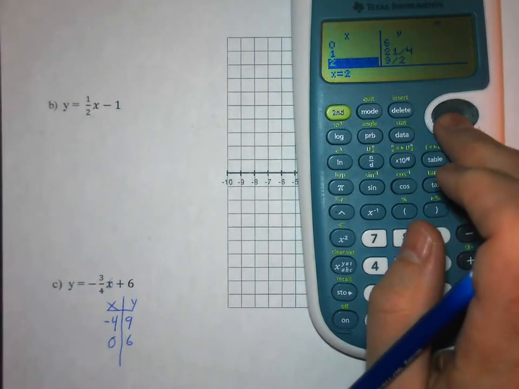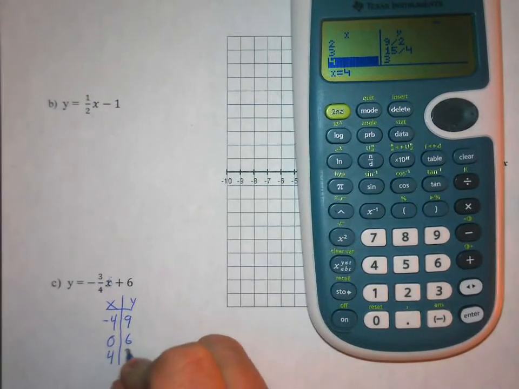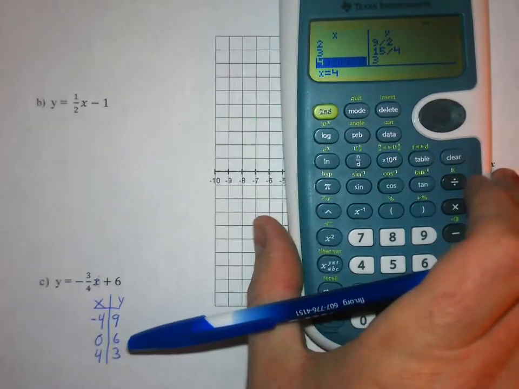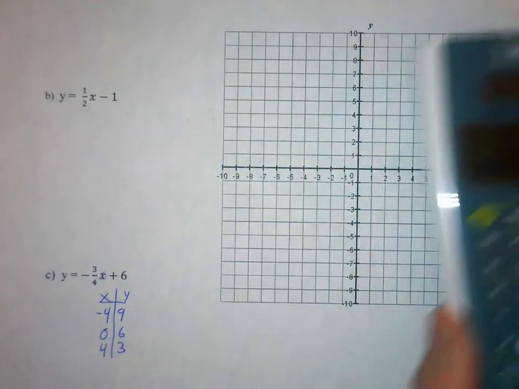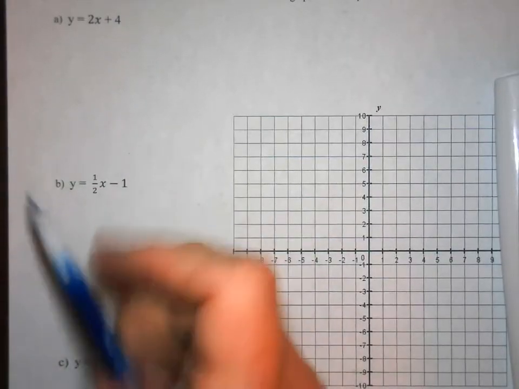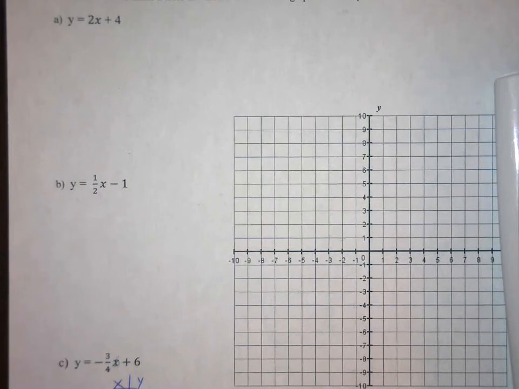And we know that 4 will be the next nice answer when you substitute 4 in for x. Okay, it gives you +3. So those would all be values, or points, that we can plot on our axes. So you can do that, pause the video, and plot these three equations for A, B, and C. And I'll put the answers up.